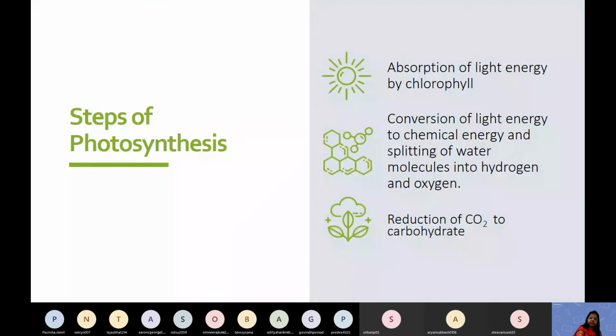Steps of photosynthesis. This is another important thing, and this comes for 3 marks. The first step is absorption of light energy by chlorophyll, then conversion of light energy to chemical energy and splitting of water molecule into hydrogen and oxygen, then reduction of carbon dioxide to carbohydrate. The question will come in this way: write the 3 steps of photosynthesis, and in brackets it will be written 3 marks.